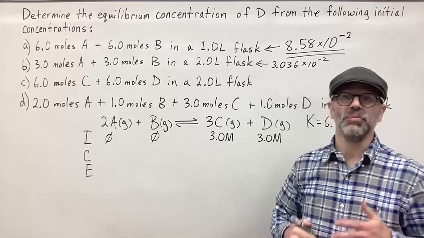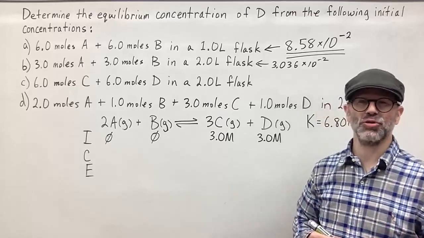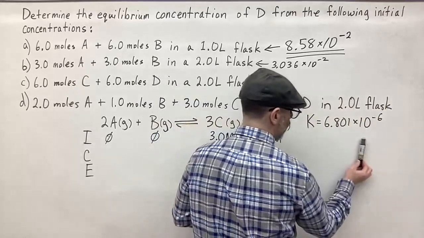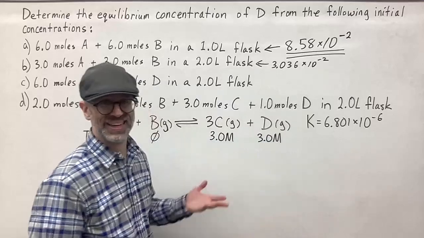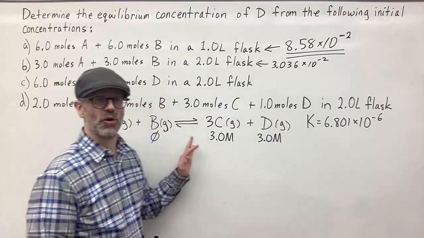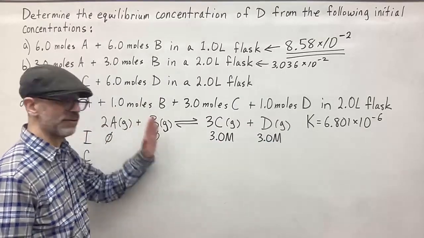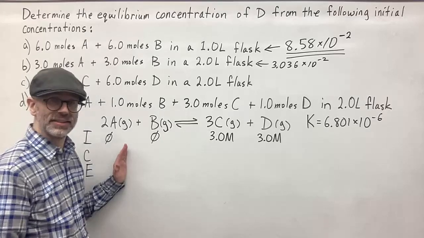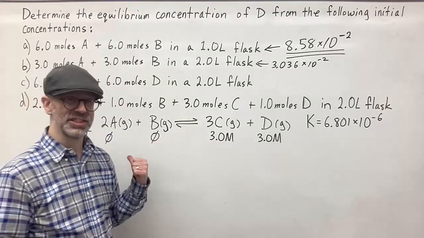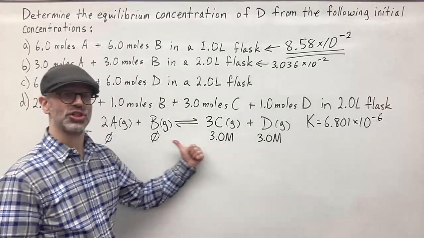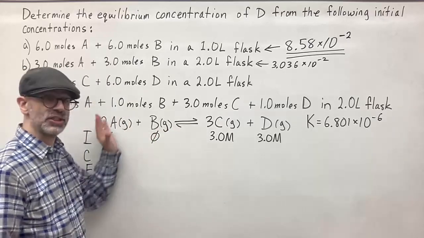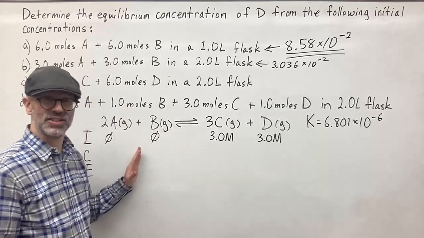Okay, now we got to pay attention to our K value, right? So here our K value is really small, and as I said earlier, that indicates that the equilibrium for this reaction favors reactants very heavily. So when it shifts in this direction, it's going to be a huge shift, because it pretty much favors the reactants.